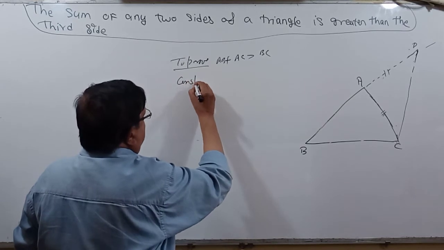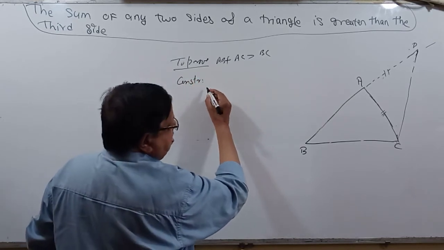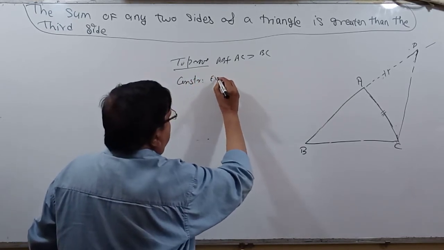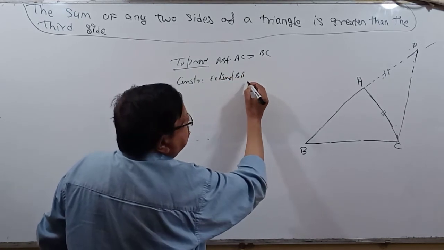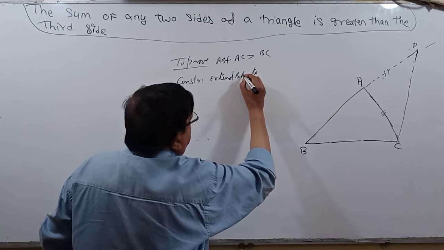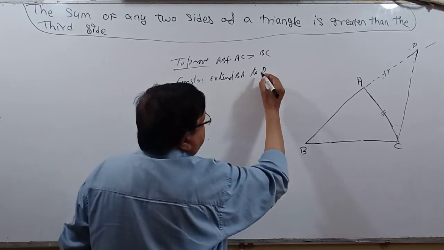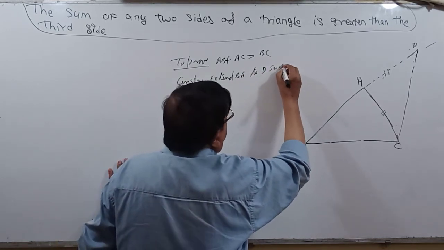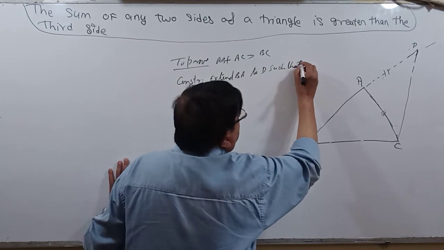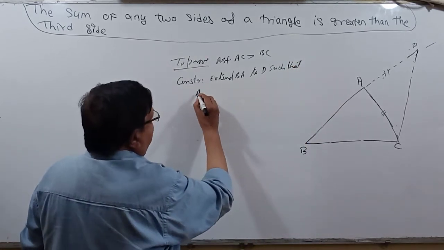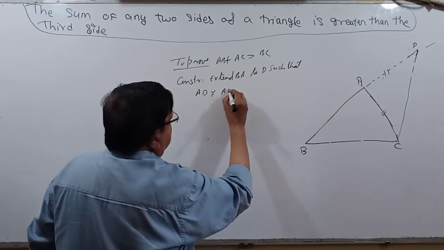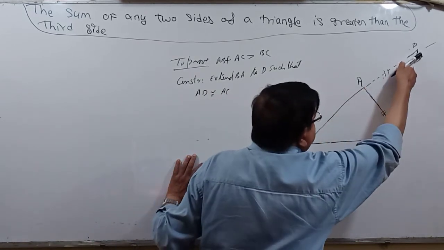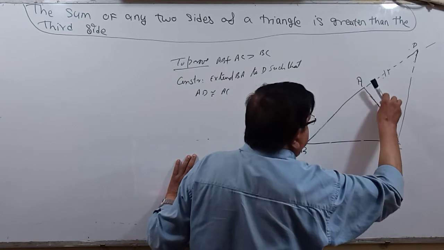Construction: extend BA to D such that AD is congruent to AC. Extend this to D such that this is congruent to this.